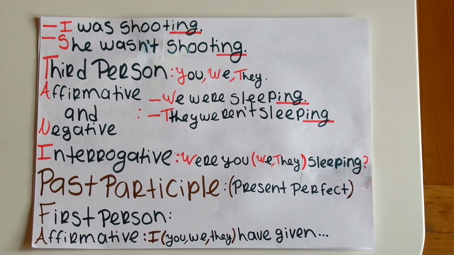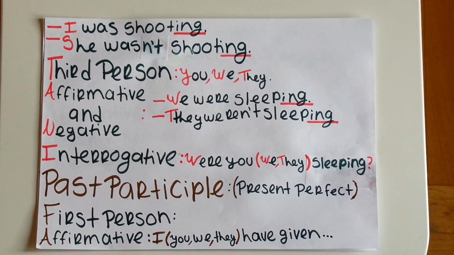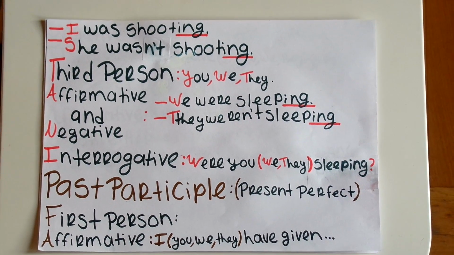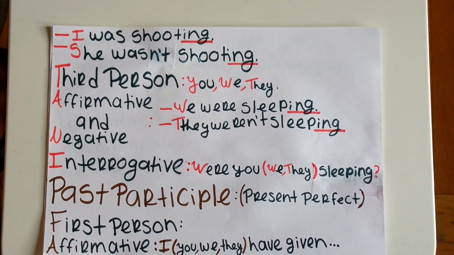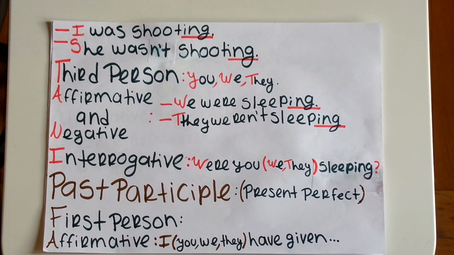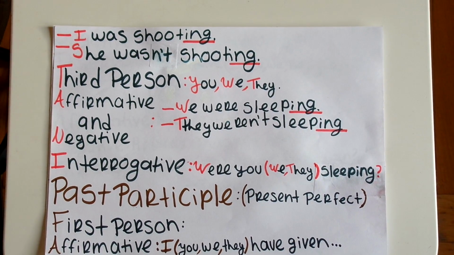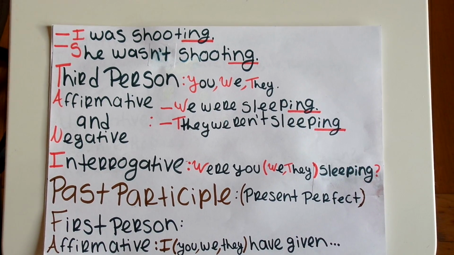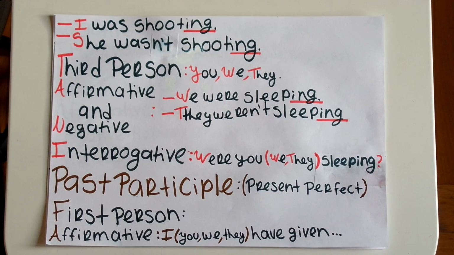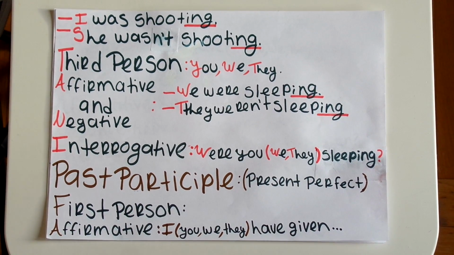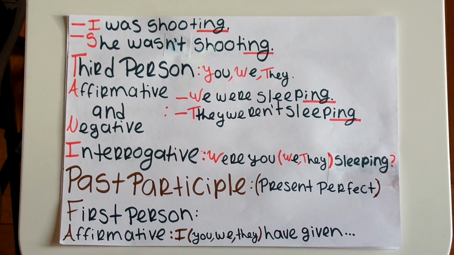On first person subjects, again I, you, we, they, we're gonna use it right now. So affirmative. I, you, we, they have given other things. For example, here the subject is I and the verb is given. Here we already conjugate the verb.